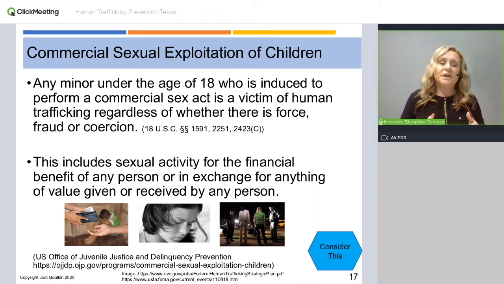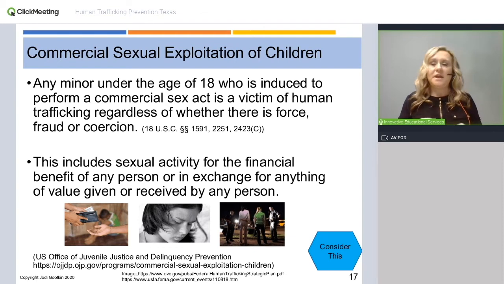Someone who's under the age of 18 cannot consent to the performance of these acts. They are minors. So anytime it involves a minor, regardless of whether they are telling you what a fabulous situation it is, the lifestyle they have, the gifts they receive, it is still sexual exploitation of the minor. They are unable to provide consent.